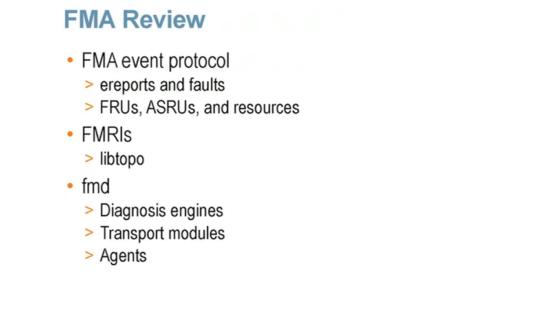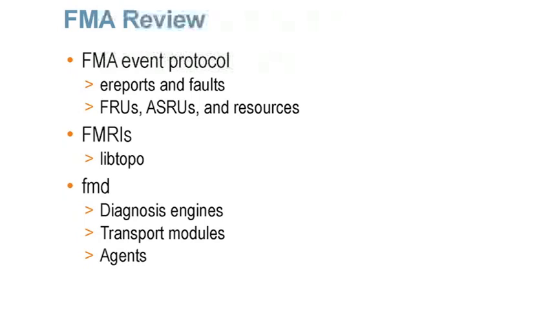So the terminology we use is FRUs, ASRUs, and resources. A FRU is the field replaceable unit. That's the physical component that you would have to go replace if something were wrong, and ultimately that's the most useful thing for an administrator. So when there's a fault, it says the FRU is your CPU or your DIMM, and that's what you go and replace. The ASRU is the automatic system recovery unit. That is the software abstraction that Solaris has created on top of that.